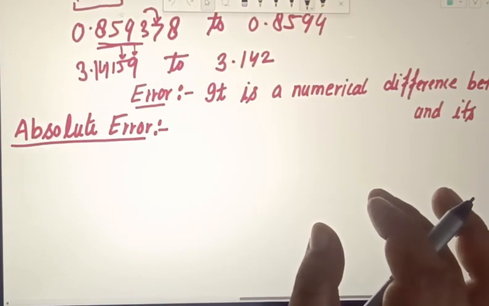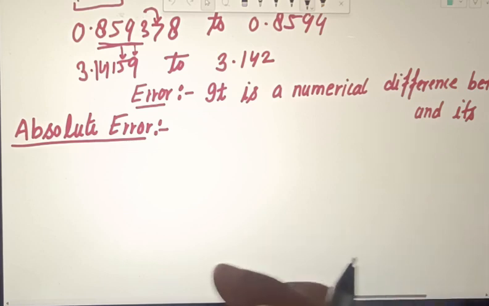Okay, now in case of absolute error, how will we define the absolute error?